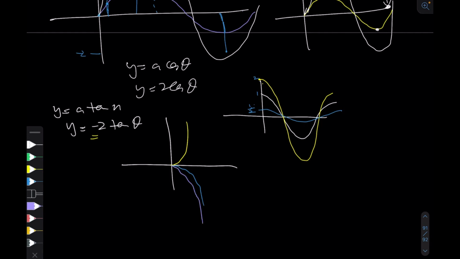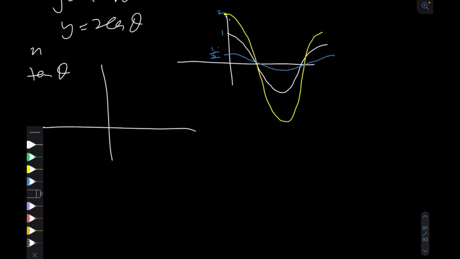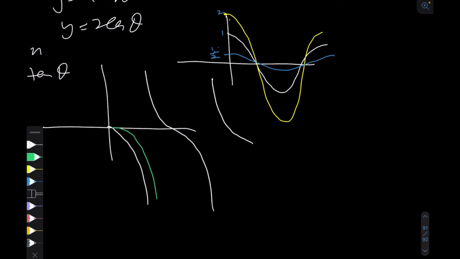And of course, you repeat that for every value, and the end result will be this, compared to this, which would be tan theta. This would be negative tan theta, and this is our original graph of tan theta.